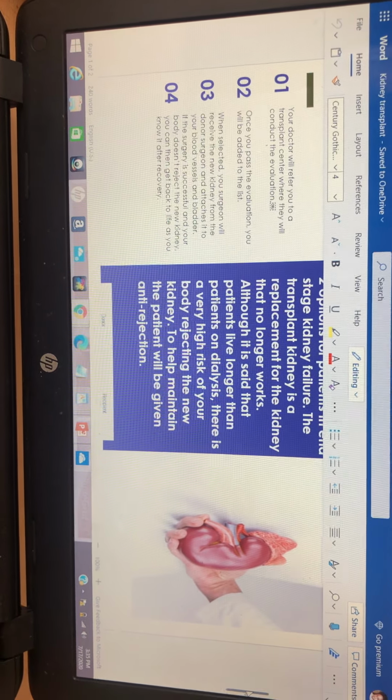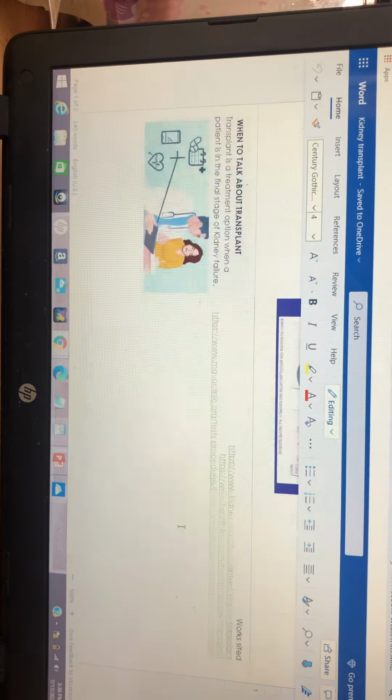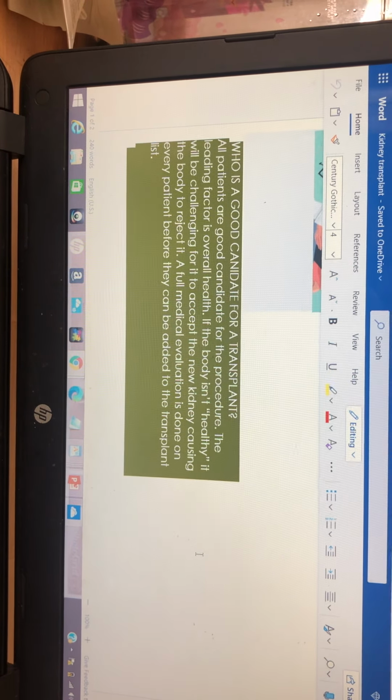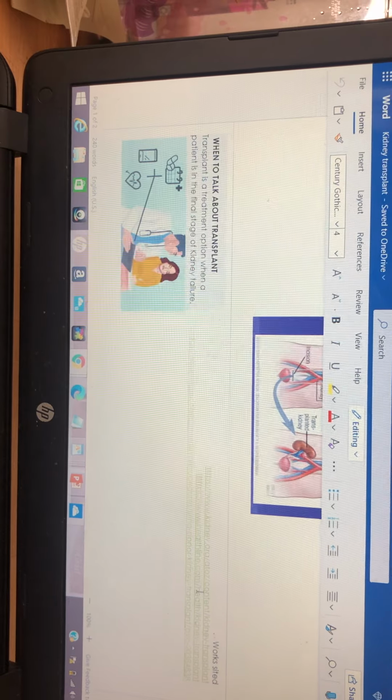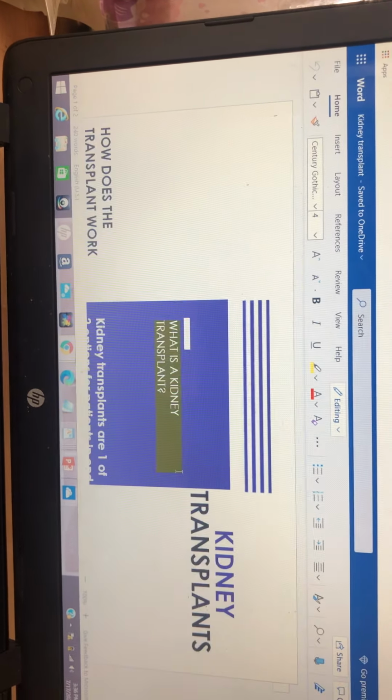There are a couple of steps here on the procedure of a transplant, who's good for a transplant, and when you should talk to your doctor about a transplant.